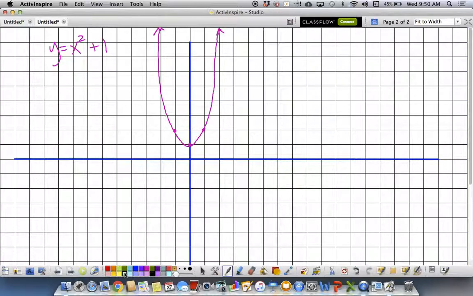So, can you graph the reciprocal, 1 divided by x squared plus 1? Can I ask you, does our original function have a 0? No, it doesn't. It never hits the x-axis.